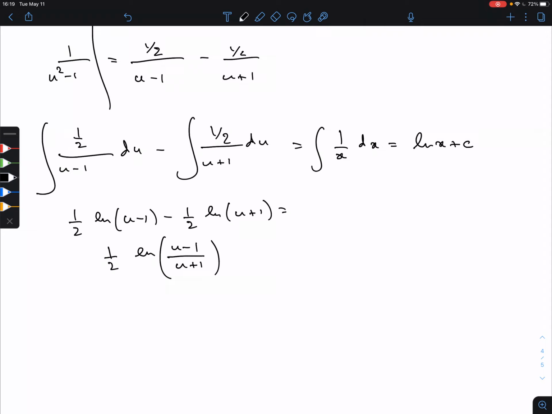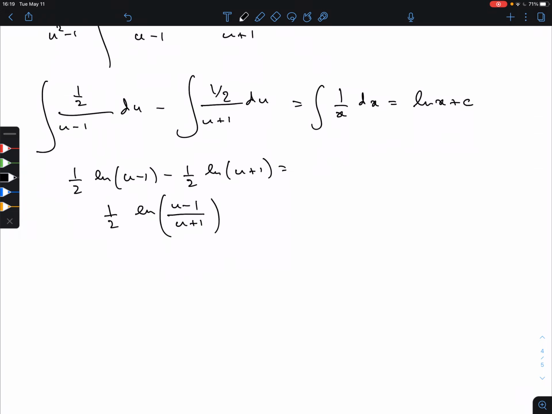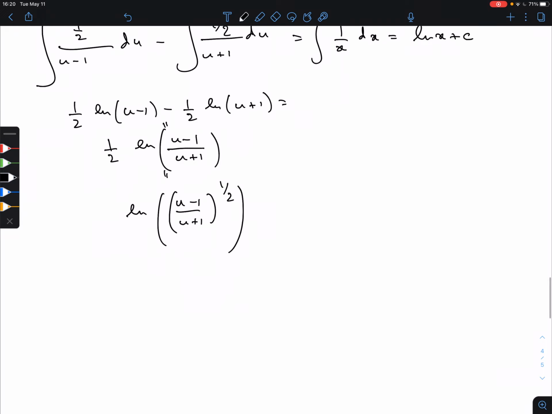Remember, if you're subtracting ln's, then that is what happens. They divide the inside parts. And what about this half? Well, the half again is a rule of exponents. This is the same as the ln of (u minus 1) over (u plus 1) to the power a half, which means just a radical. Okay, and that is equal to ln x plus c.